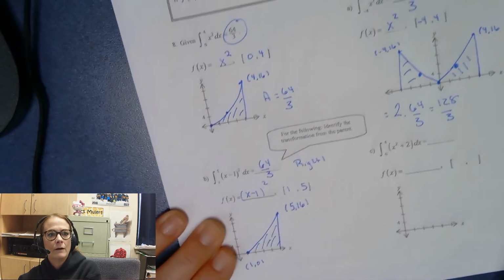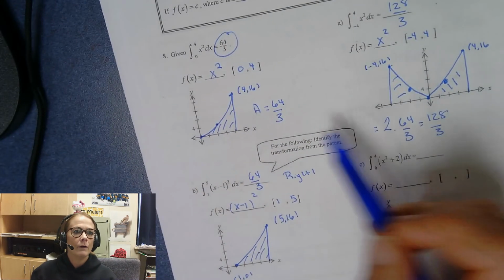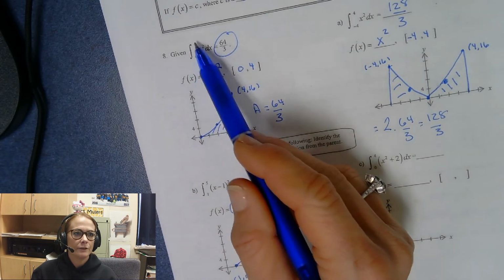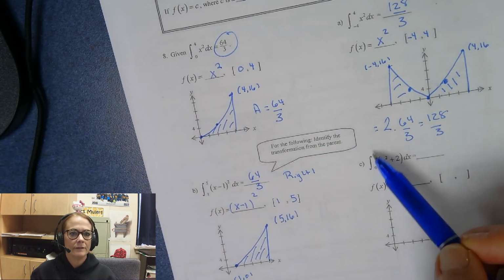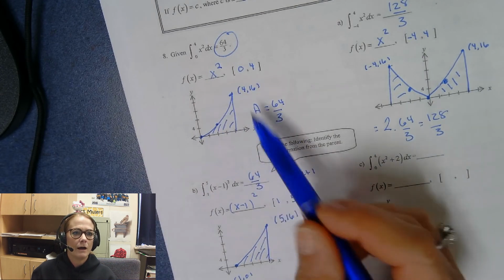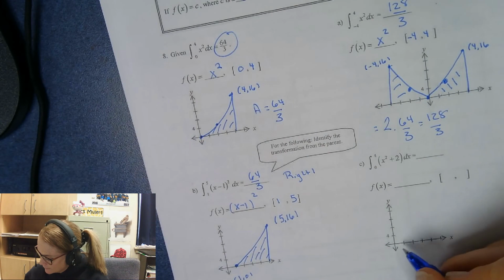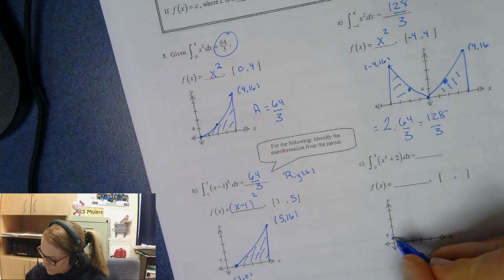Okay, but now on this one we're going up 2. So these bounds are talking about your left and your right. So if I go up 2, this should not change. I don't want this to change. So now I'm just going to take this block of matter, if you will, this area, and push it up 2. Okay, so instead of at 0, 0, I'm going to be at 0, 2.